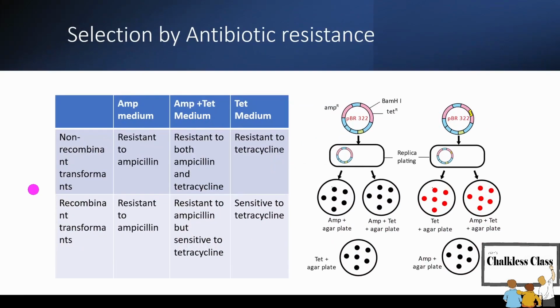Now, how to select the recombinant transformants? For that, pBR322 has two selectable markers. One is the ampicillin resistance marker, and another is the tetracycline resistance marker. Into this tetracycline resistance marker, we are introducing this gene.